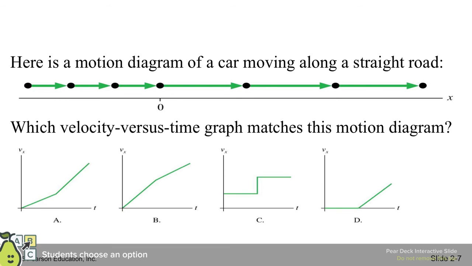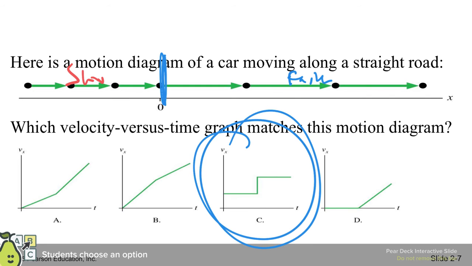Again, something was traveling slow here and faster here. In both cases, heading towards the right, so they're both positive. So we look for something that has only positive values. Oh, they all have only positive values. And we expect there's a moment right here where they abruptly change speed. But before and after, the speed seems to be constant, so that would be C.